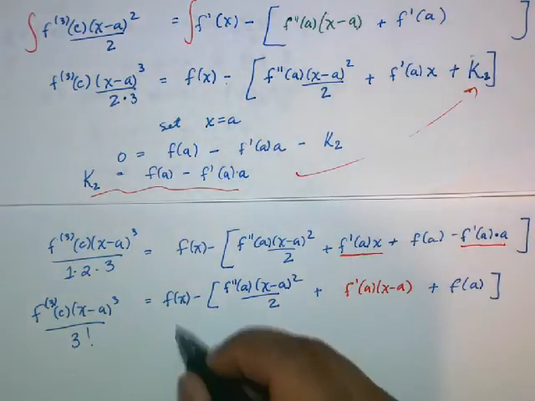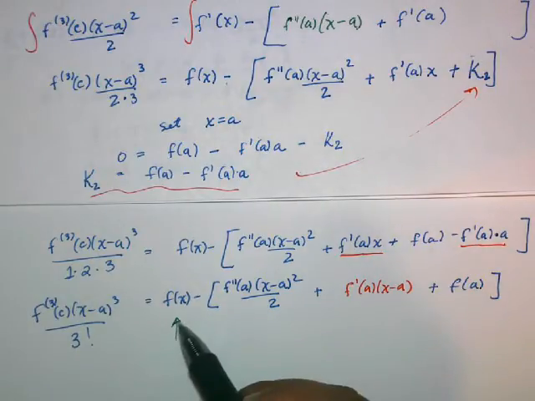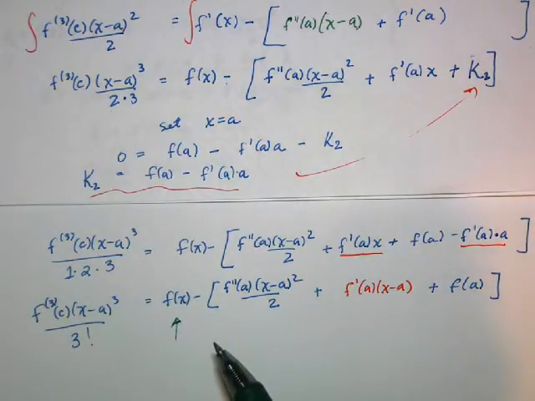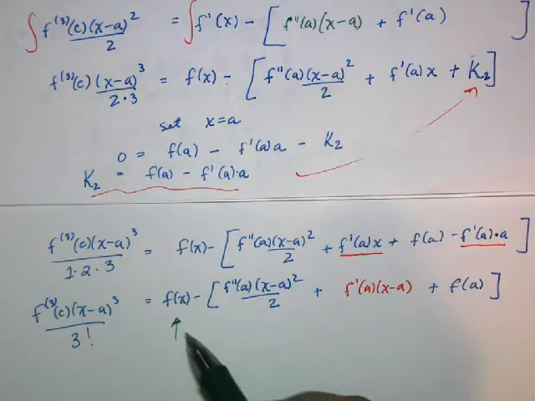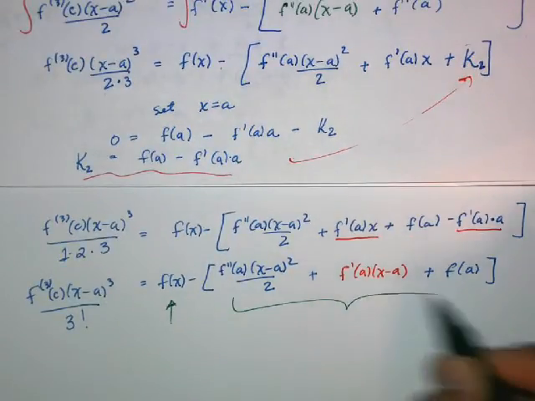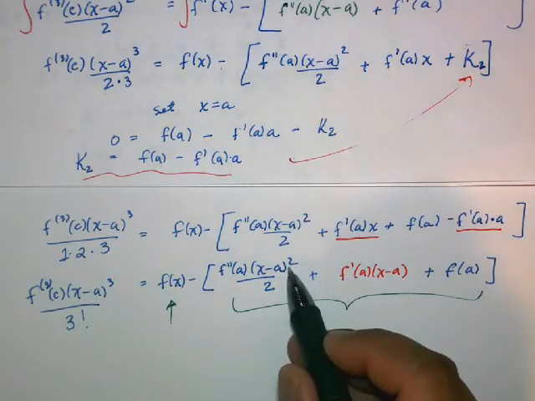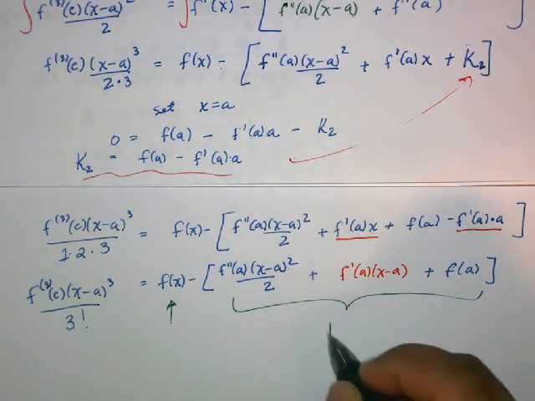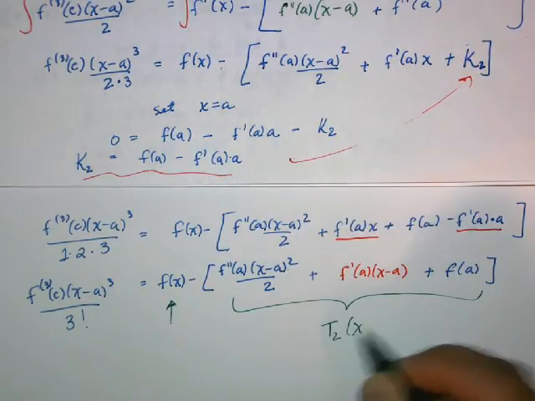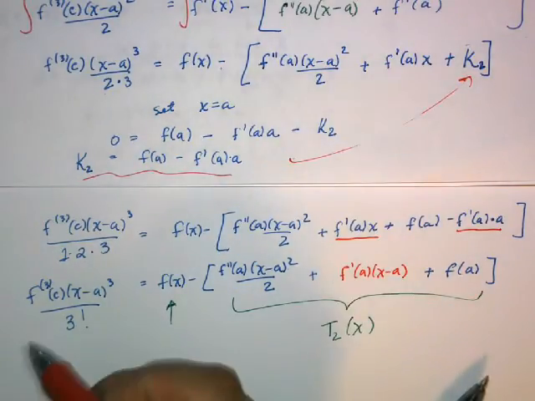Okay. All right, so let's review here. This is f of x, this is the Taylor polynomial. Or at least it can be replaced by the Taylor polynomial since we're using the Taylor polynomial, or the Taylor series, to express f of x. This right here is the Taylor polynomial up to the second degree, so this is another way of saying T2 of x.